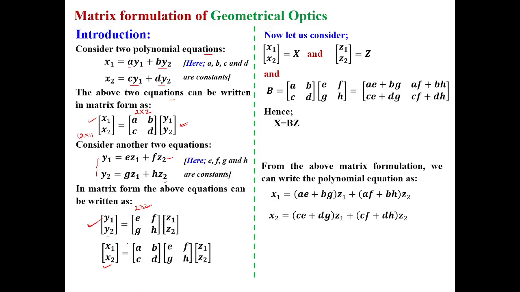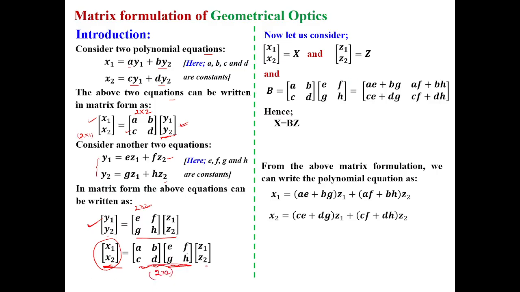Instead of y1, y2, I can write e, f, g, h, another 2 cross 2 matrix, into z1, z2. So we can get the information regarding x1, x2 if we know this value. If I multiply these two matrices, we again get a 2 cross 2 matrix.